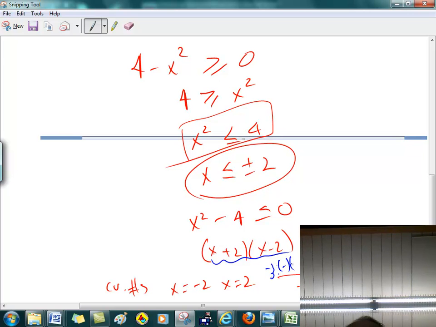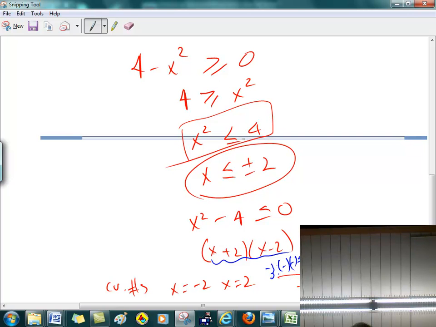Negative. Is that less than 0? No, because that's a positive quantity. A negative times a negative is a positive? No, yes, I'm selecting -3. -3 is my test point. Oh, okay. So then this guy's not going to be shaded.